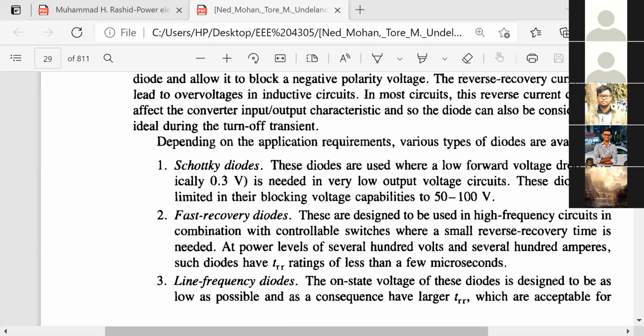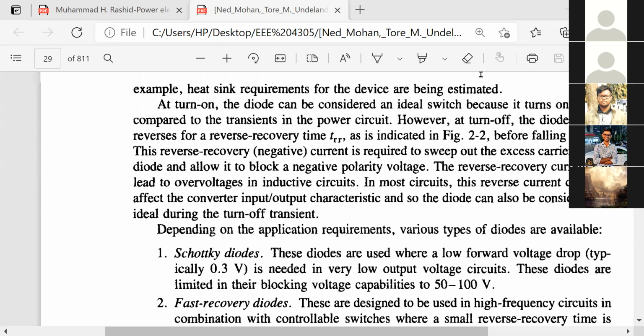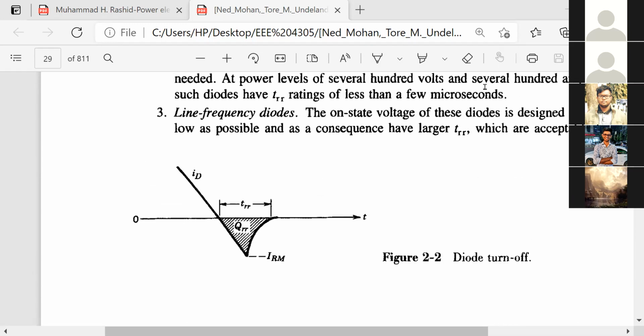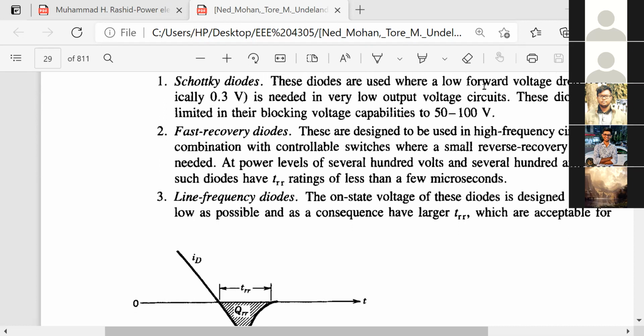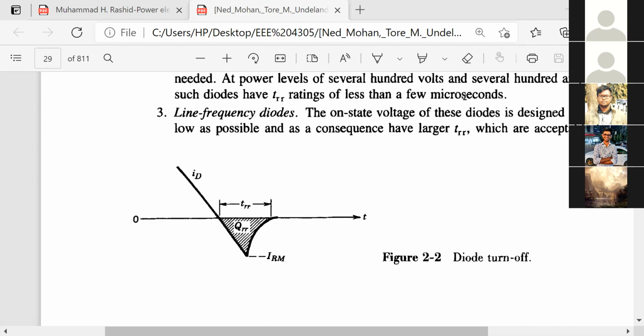I'm not going into the details of the Schottky diode. Let us say why I'm talking about fast switching, they call it reverse recovery, fast recovery. What does it mean? We will go into a little more detail later.